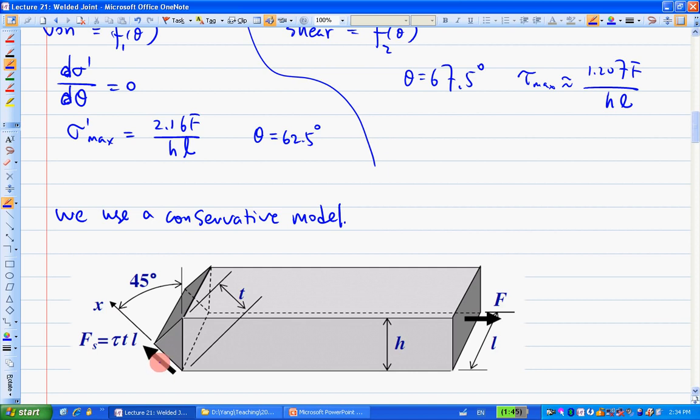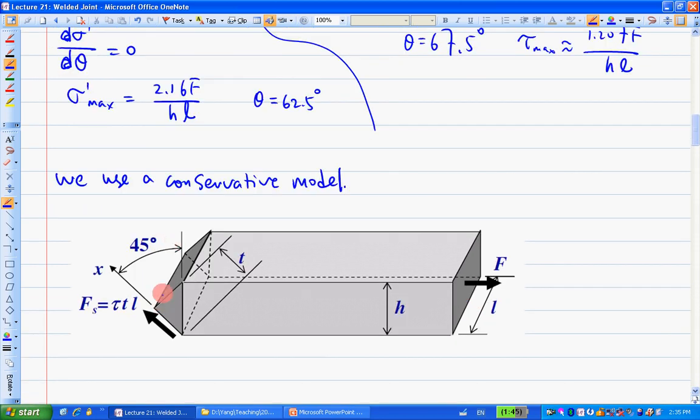And we expand that shear force to be the same as this F right here. So this is the conservative model. You see that? 45 degrees, and the shear force is the same as this F right here.